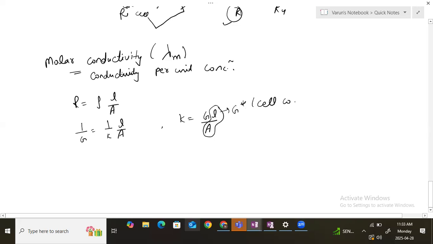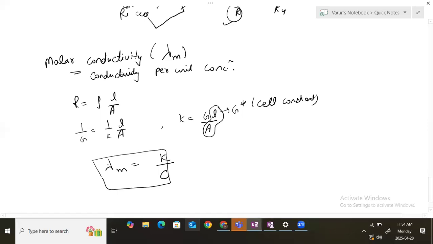So my lambda m will be what? Molar conductivity is kappa per unit concentration. It is basically the formula for molar conductivity. Is it correct? Clear or not? Clear, ma'am.